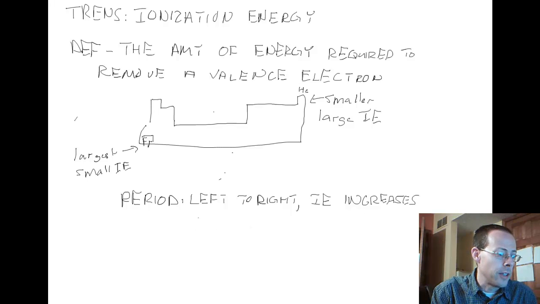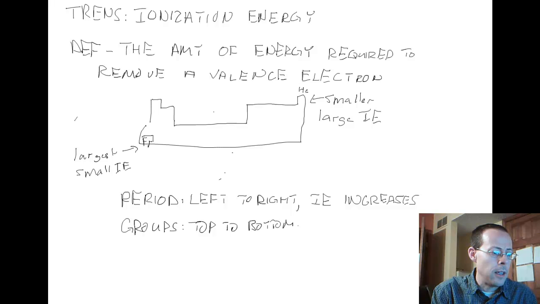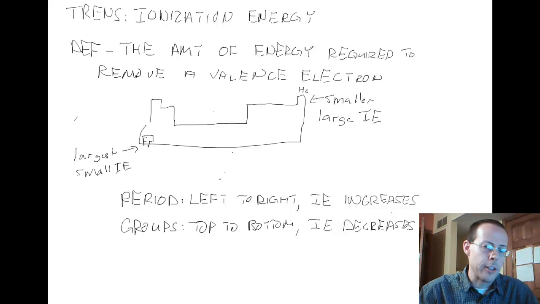Our other trend is the groups, and groups are columns. So our group trend is from top to bottom. IE decreases. And why is that? Because as we go from top to bottom, our atoms get larger, and the larger they get, the further their valence electrons, their outermost electrons, are from their nucleus, so it requires less energy to remove them.